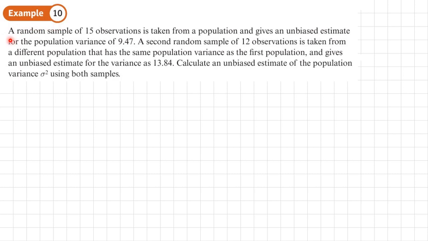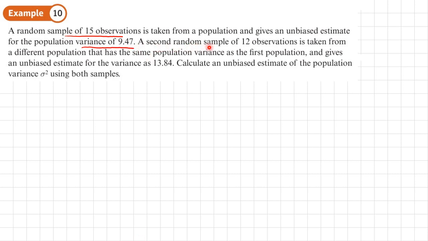Example 10. A random sample of 15 observations is taken from a population and gives an unbiased estimate for the population variance of 9.47. So the sample of 15 observations has a variance of 9.47.